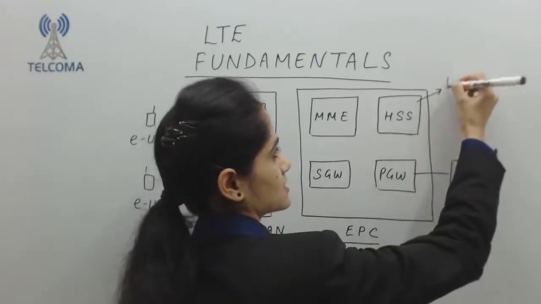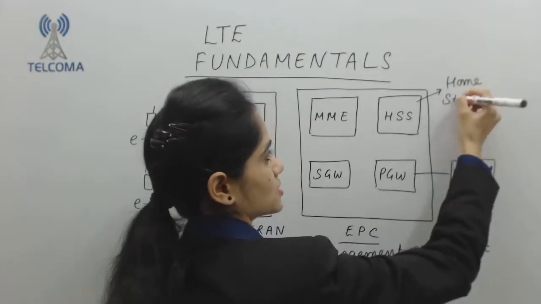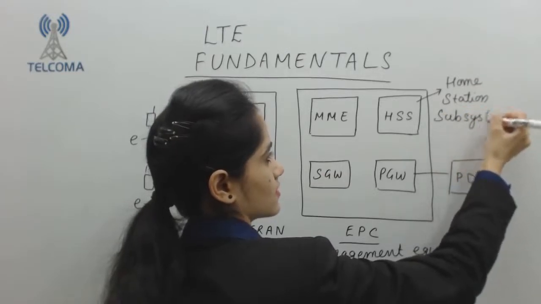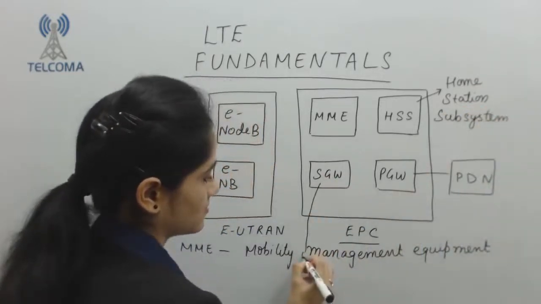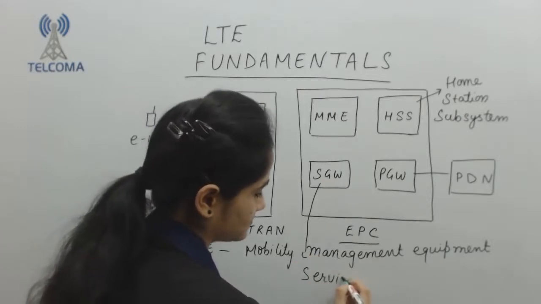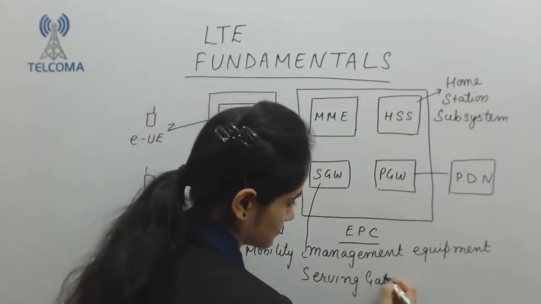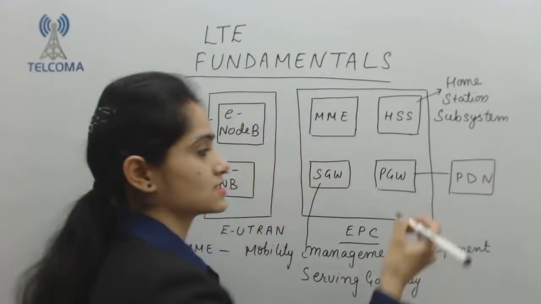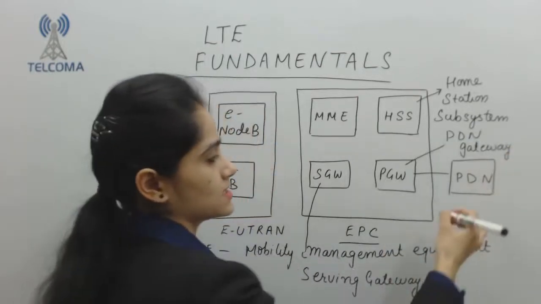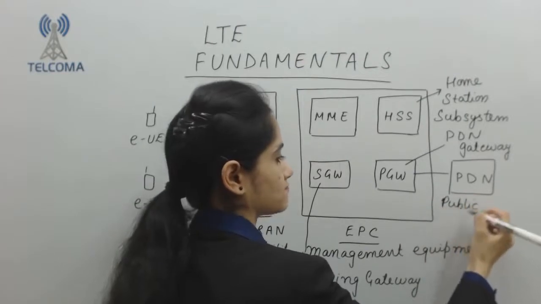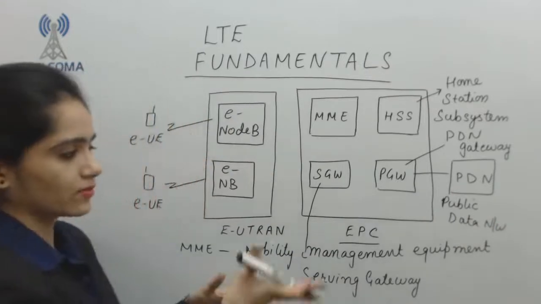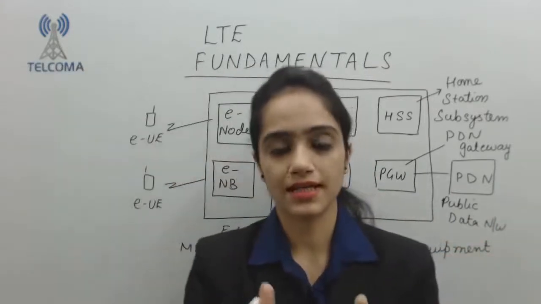Then we have HSS as home subscriber subsystem, SGW as serving gateway, PGW is PDN gateway, where PDN is public data network. So that means my core network has 4 basic databases attached.